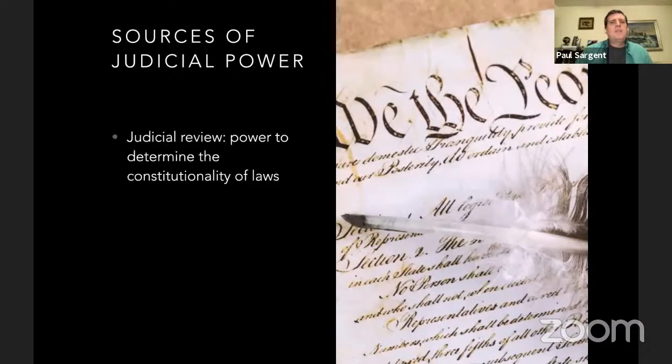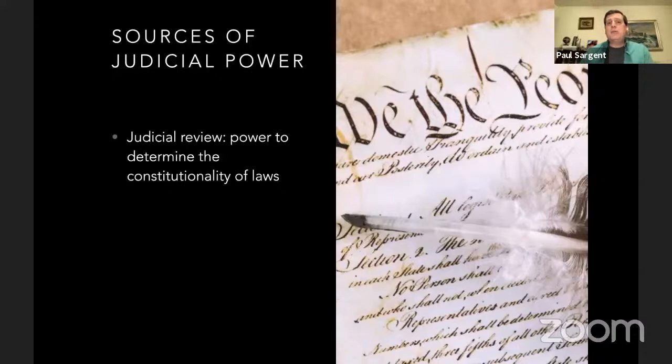All right. Well, the main power of the judicial branch is a thing called judicial review. And this is the power of the court to determine the constitutionality of laws. In other words, the court's job, at least part of it, is to look at the laws which are written both by states and by the federal government, and if they're challenged, decide whether those laws are in violation of constitutional principles.